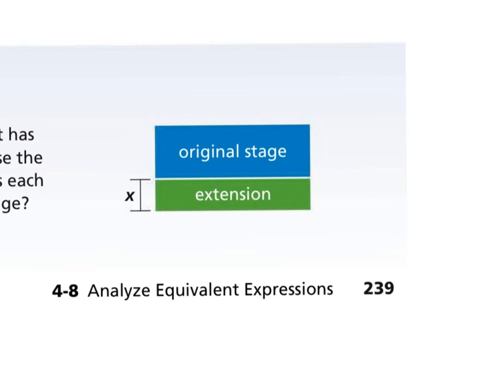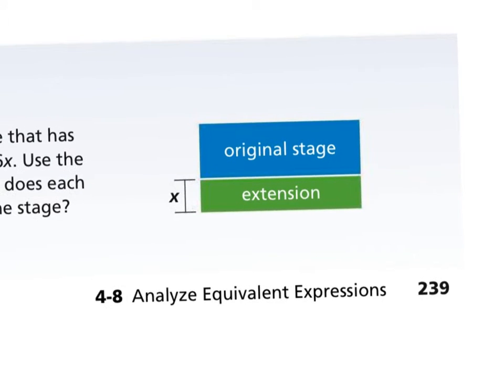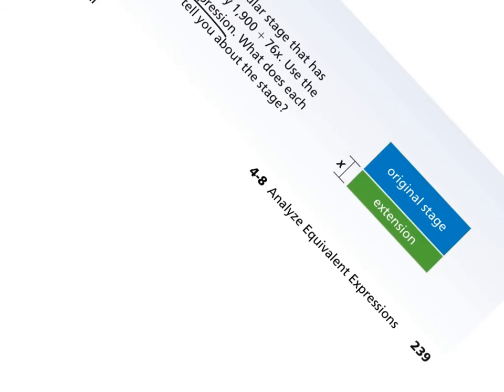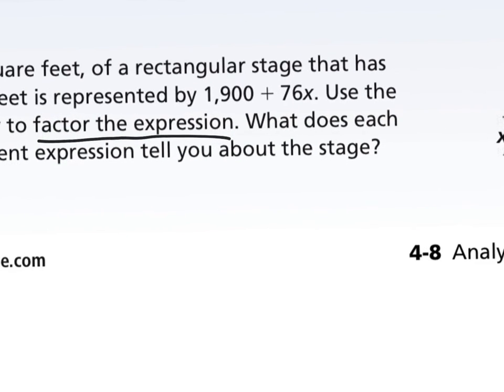So if we look at this, here's our picture. Doesn't really tell me a whole lot. What I can do though is look at this expression here, 1,900 plus 76x, and we can think about what these two terms have in common. What factor could they both be divided by evenly?